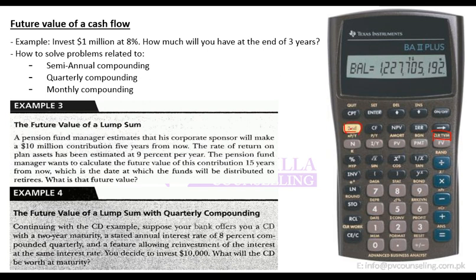So you press second and press this CLR TVM and it will clear all the numbers there. Now if you recall N, it will show as 0. If you recall IY, it will show as 0. Everything will be shown as 0 because you have cleared everything from there. So this clear TVM will clear out the TVM numbers. Clear work will be used for the data register, which we will do later. So this is how you do it using your calculator.